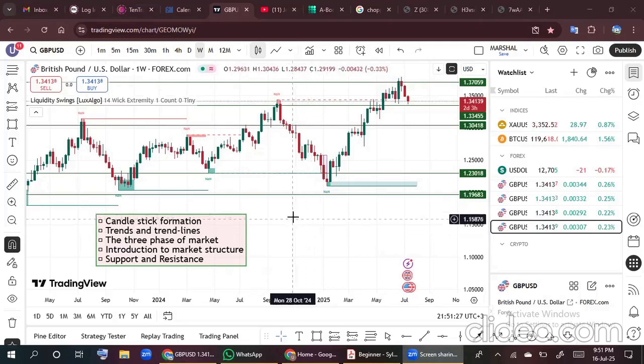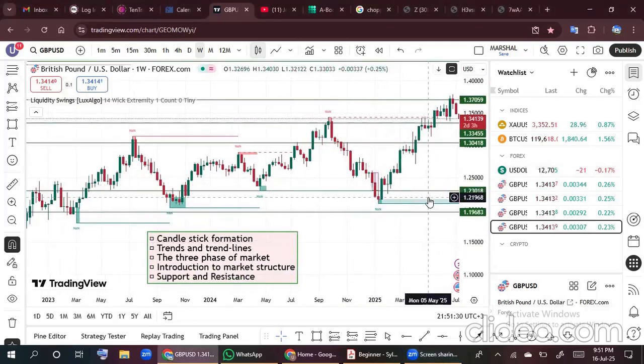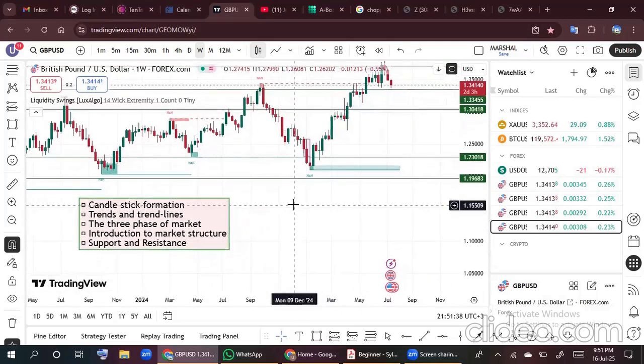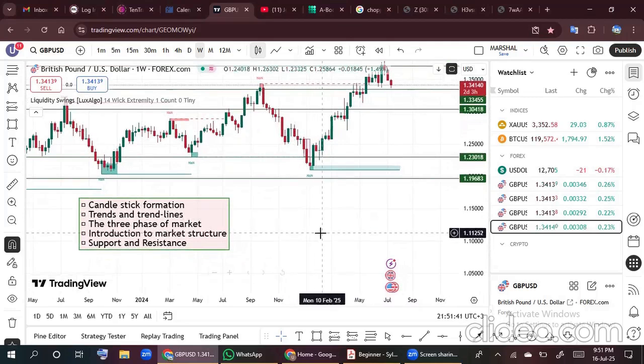Because when you look at the chart, the market forms structures. This structure is a combination of patterns. So you have structure.